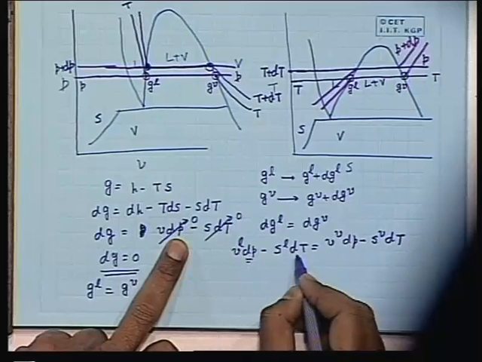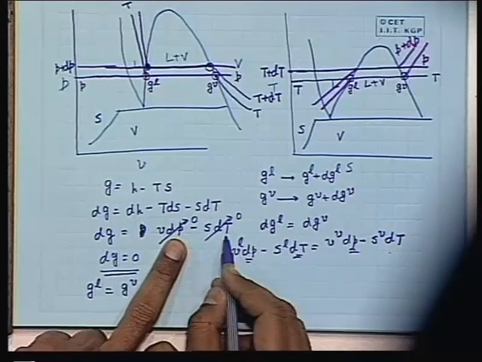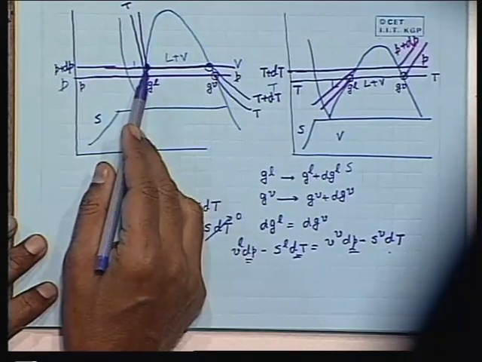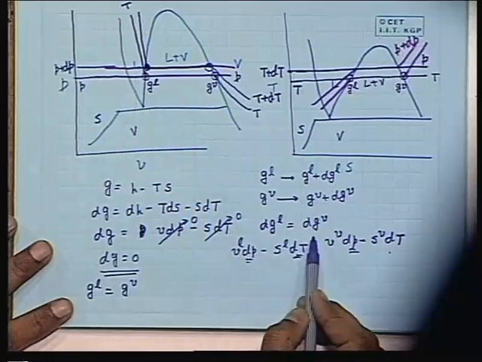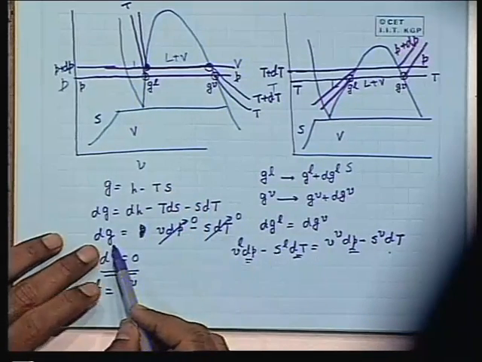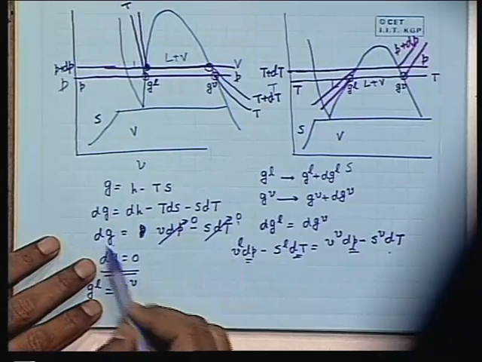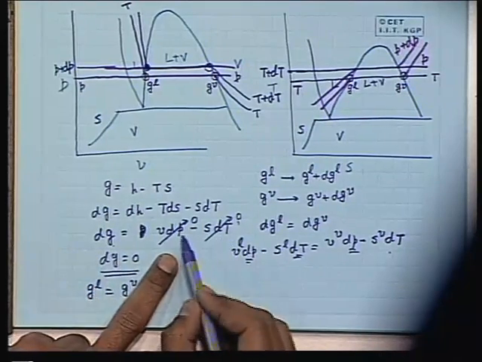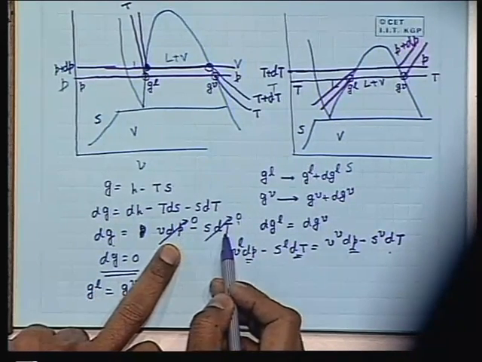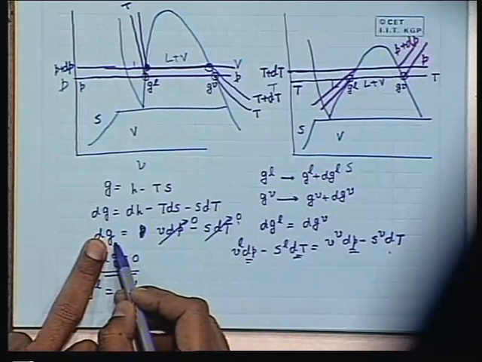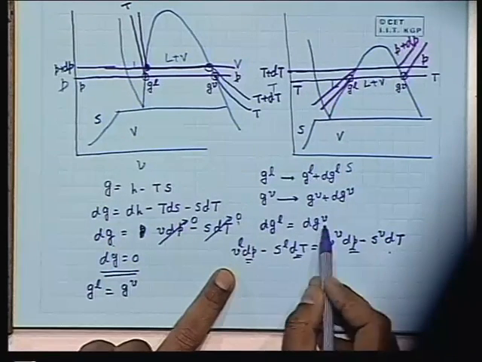This dP, dT is not 0. This dP, dT indicates a change in pressure and temperature for which there is a change in the liquid phase Gibbs function, which must follow this general thermodynamic relation. That means dG is V dP minus S dT. Whenever there is a change in pressure and temperature, there will be a change in Gibbs function. So therefore dGL is this and dGV is this.